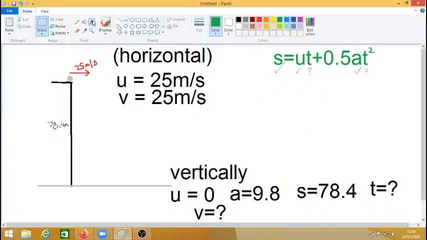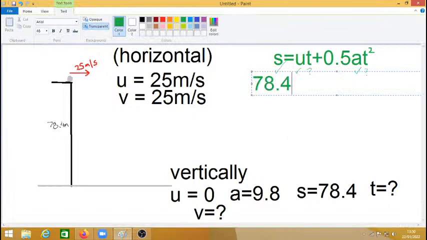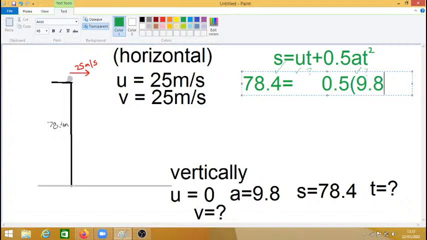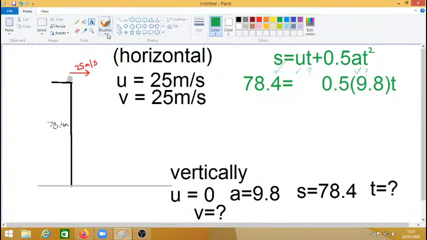So let's see what we get. First goes in 78.4, and that's equal to u is 0, so 0 times t is just 0, so that cancels out. 0.5 times a, which we know is 9.8, and t squared we just leave as t squared because that's not known.